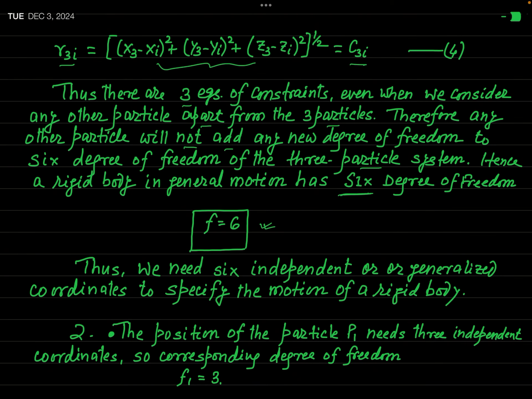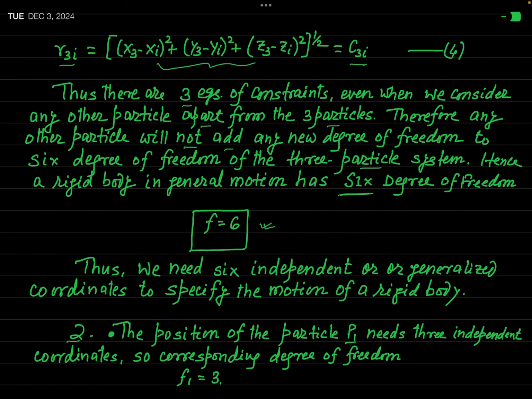Now let us try to understand the same fact in another way. We will learn that the degree of freedom of a rigid body is 6, but by another method. For this, let us consider the position of particle P1.